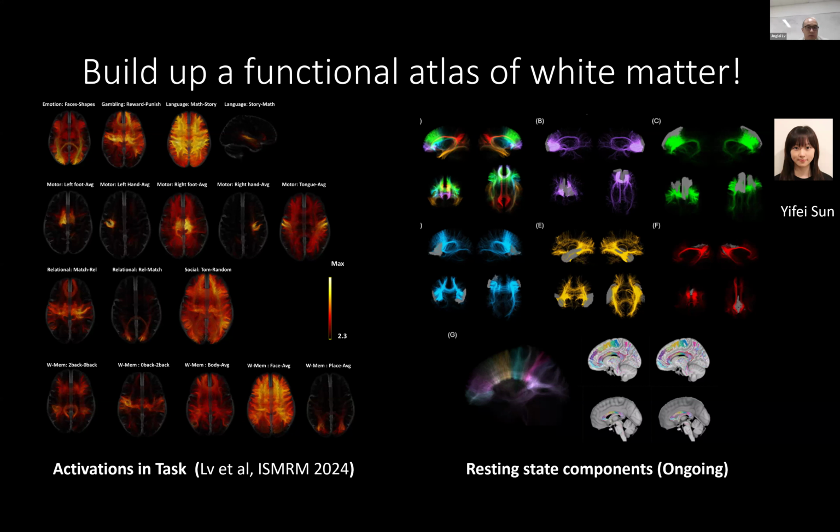With this atlas, we can infer the functional change caused by white matter damage or impairment. It can also be used to inform neurosurgery or the implantation of deep brain stimulation or TMS and other interventions.